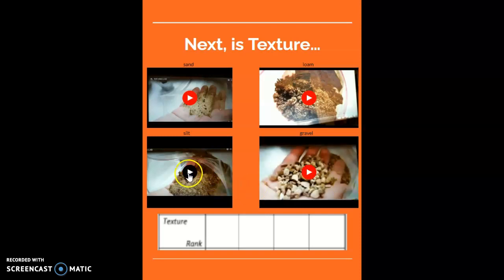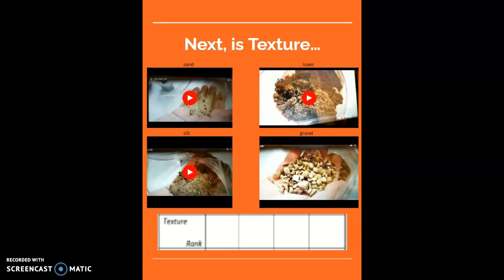And the last one on the bottom left is the silt. And you notice that some of them do flow through my fingers a little easier than others. So after feeling them, we're going to rank the texture of how we think they feel.